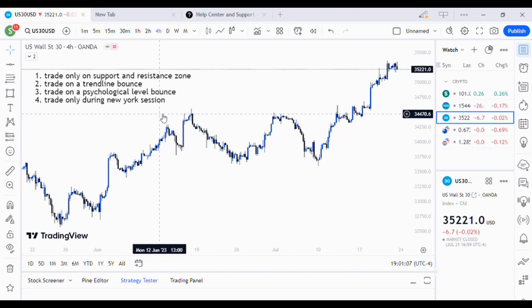So what are psychological levels? Psychological levels are bank levels. They are round-off numbers on the chart that the banks obey. For example, when a bank wants to buy or sell a market, they wait for it. Let me make an example: once it's on $1, they are waiting to buy somewhere.